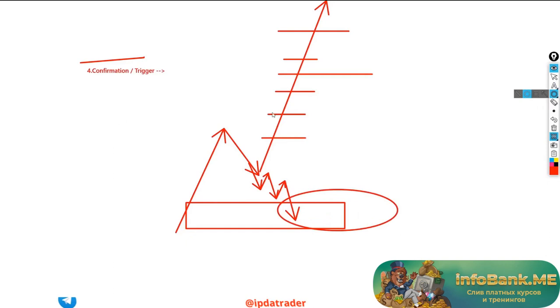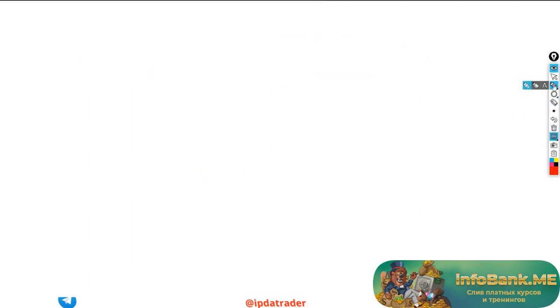And the confirmation I'm going to show you now is pretty powerful. It works very well if you have structure, liquidity grabs, and if the impulse move has been retraced more than 61%, then your confirmation is going to be powerful. So let me actually give you an example of a confirmation, right?